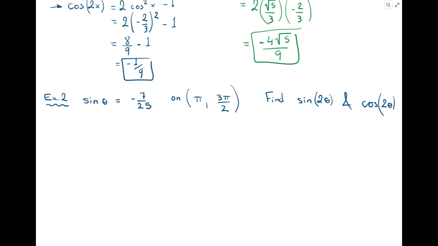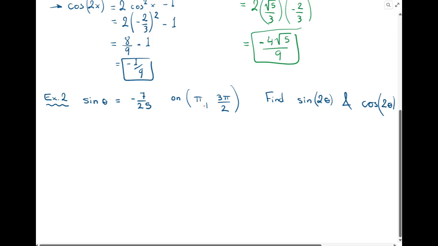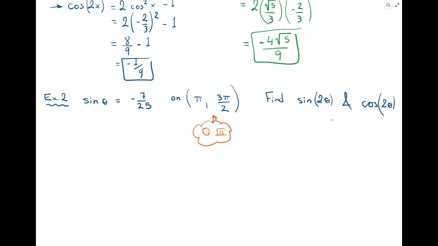All right, so what do I know actually? Well, I do know that I want to be on the interval from pi to 3 pi over 2. So this right there is telling me I want to be in quadrant 3. And so in quadrant 3, sine will be opposite over hypotenuse.